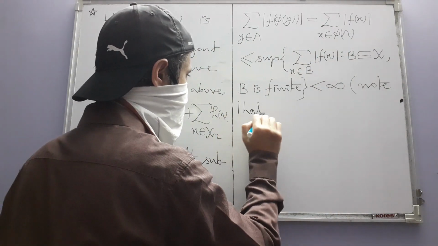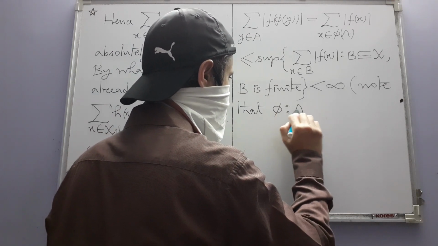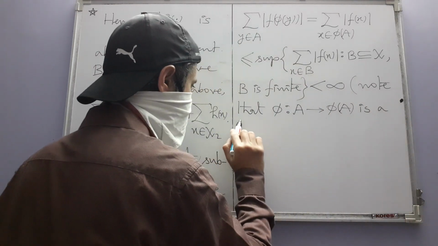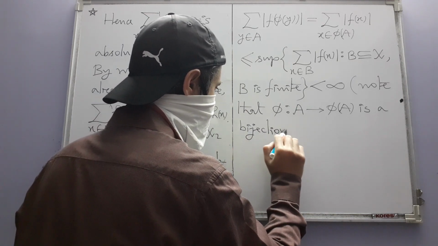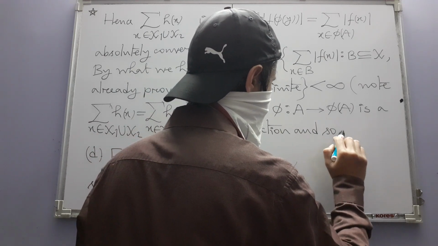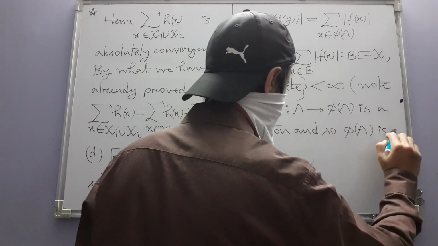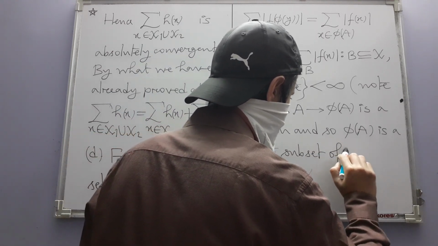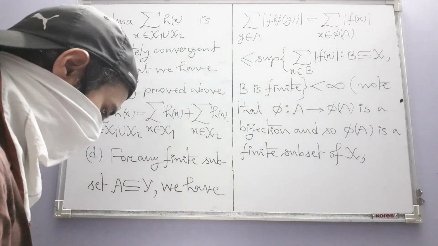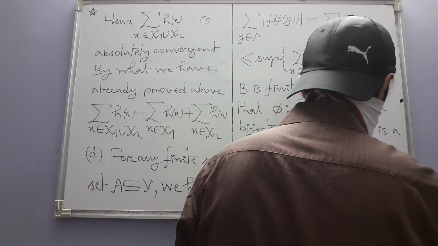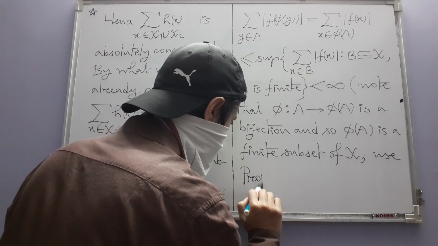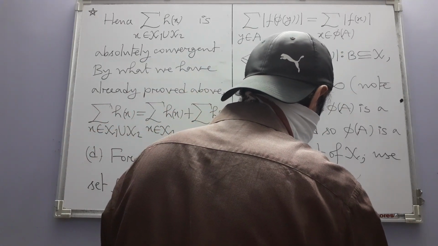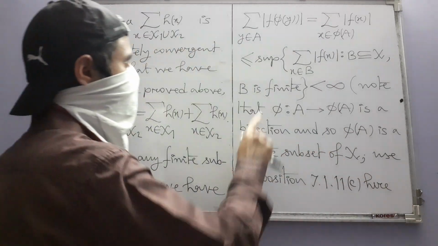Note that if you consider the function phi from a to phi of a, then this is a bijection, and so phi of a is a finite subset of x, and use propositions 7(1), 11c here to have this.